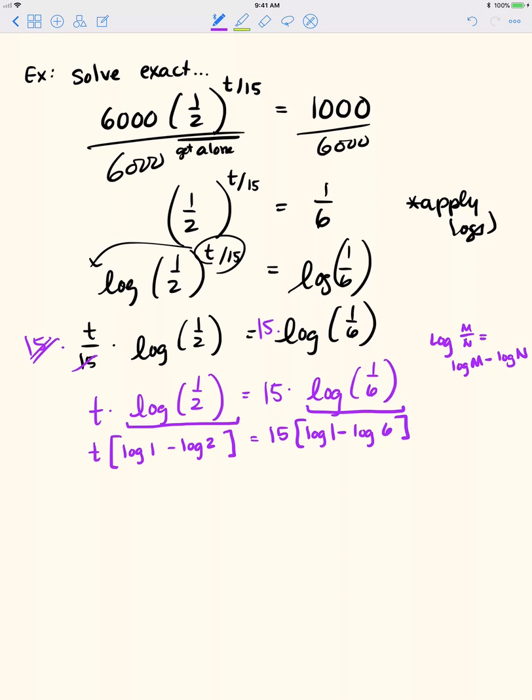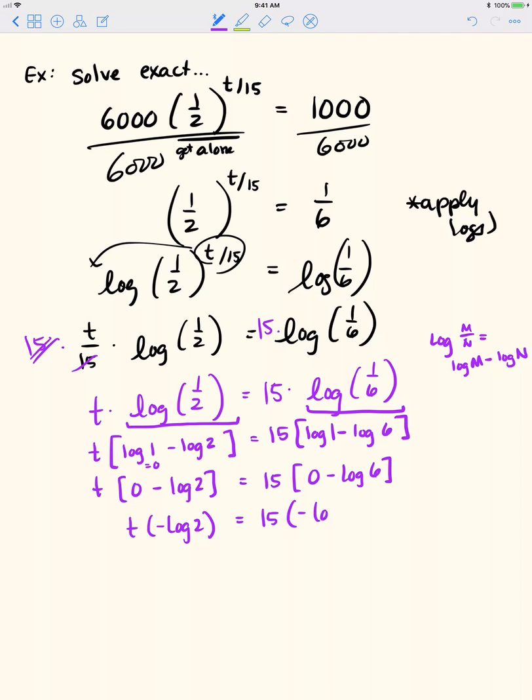Remember, it's like what power of 10 would give you 1? So the log of 1 is 0, and we have 0 minus log 2 equals 15 times 0 minus log 6. The 0 minus those quantities simply become negative logs. So we have t times negative log of 2 equals 15 times negative log of 6.